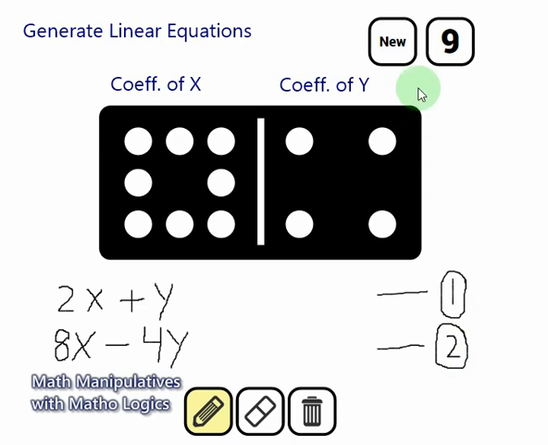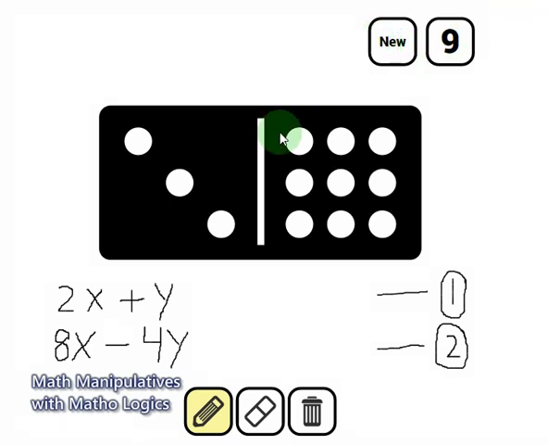So here I am going to generate a third domino, or I am going to click on this new button once again for the third time. All right.